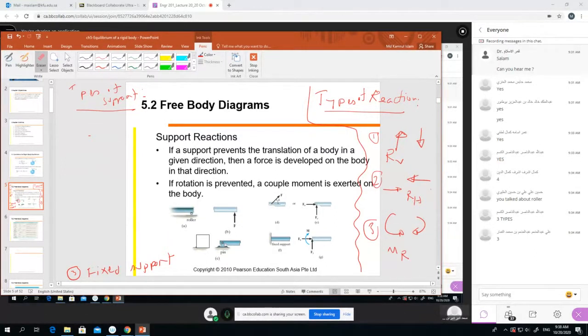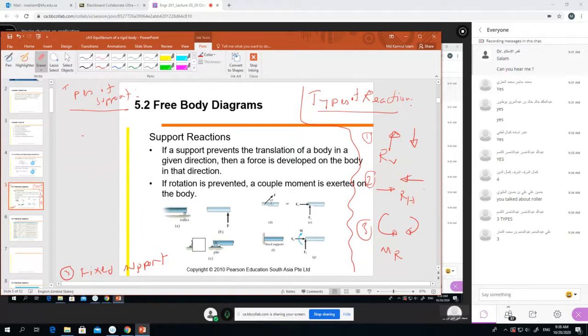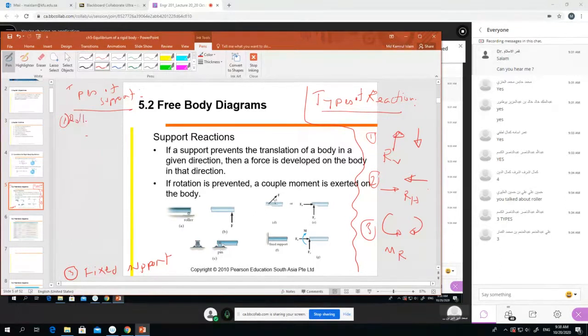Before I give you some examples, let me recap: roller support gives only one reaction, RV, the vertical reaction. I write down again: there is no RH and there is no MR. You can write this down in your notes.